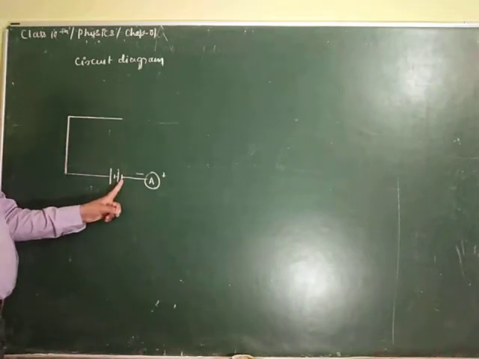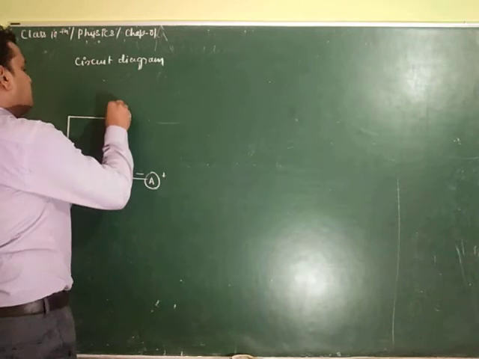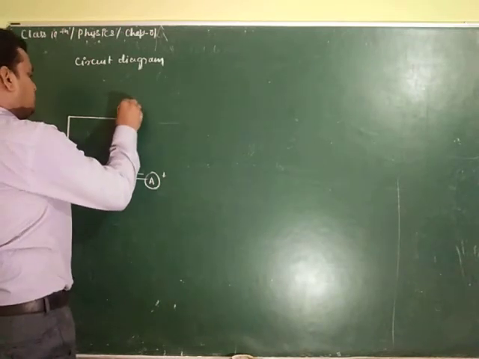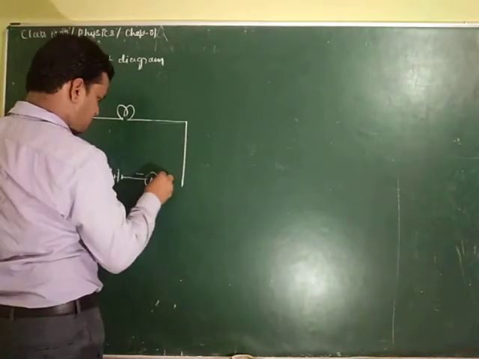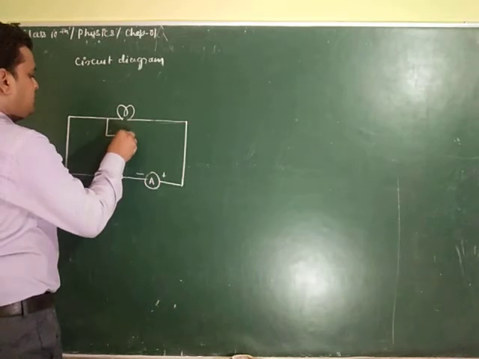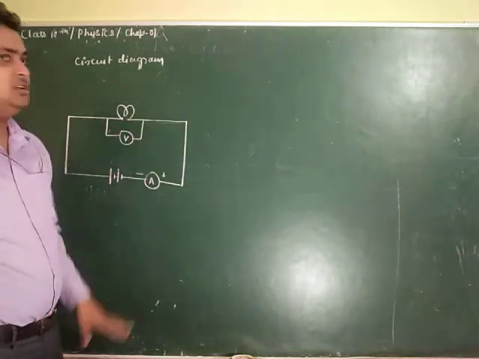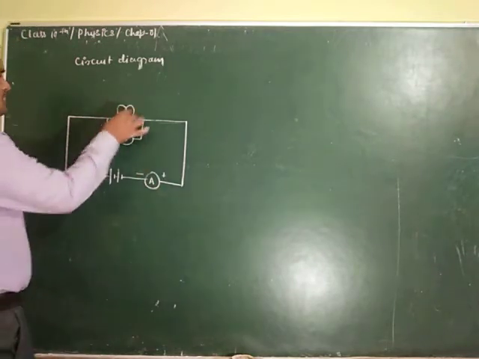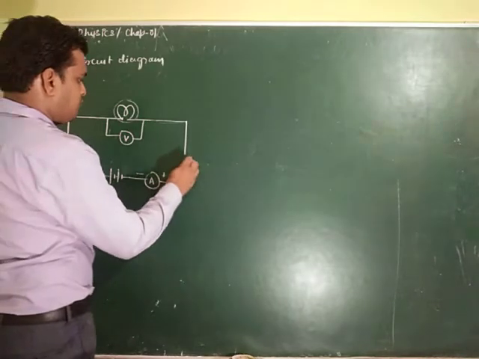Because it is connected to the negative terminal. So there is a bulb. And this is the voltmeter. This is how the voltmeter is connected: it is in parallel to the resistor. Suppose this is the resistor, but this is a bulb. And we can connect.